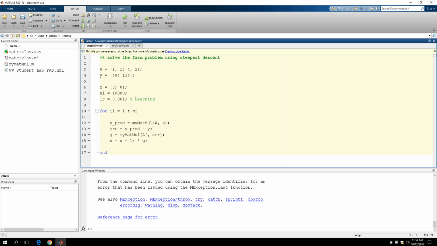In the literature of machine learning, it's called the learning rate, right? That's why we're calling it LR, learning rate. It's some number that we can adjust later on to change the behavior of our code, right?